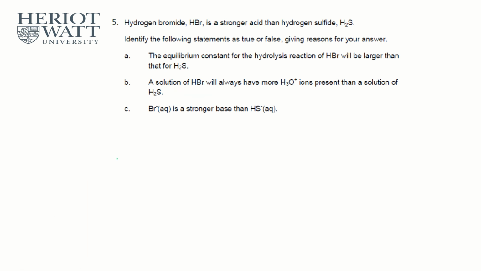Let's move on to C. Br minus aqueous is a stronger base than HS minus. That you have to be careful. Let me write the equilibrium again. HBr dissociates into H plus and Br minus, right?